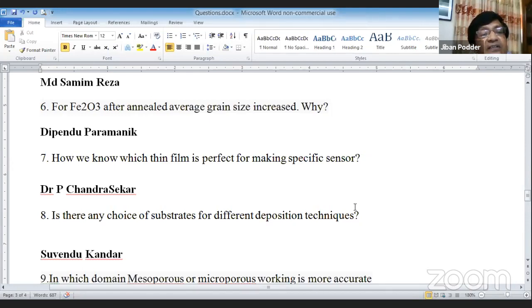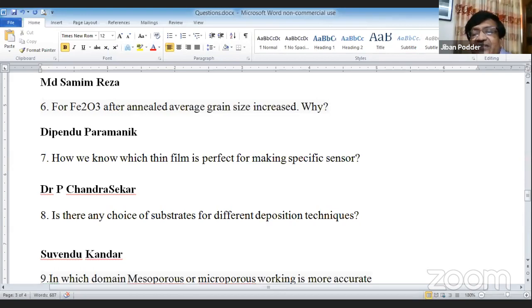For iron oxides, after annealing, the average grain size increased. This is mainly the annealing effect. What actually happens? When we add temperature, the crystallites start to separate from one another, so there is thermal expansion, right?